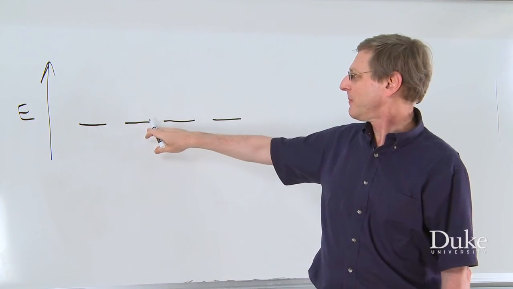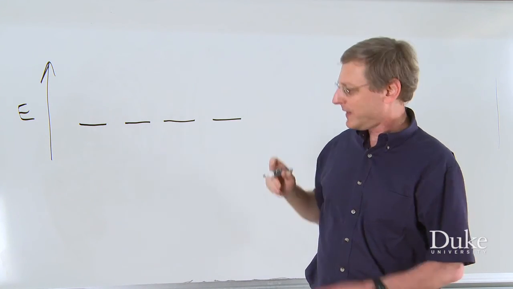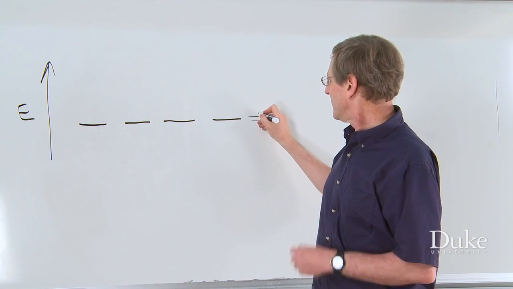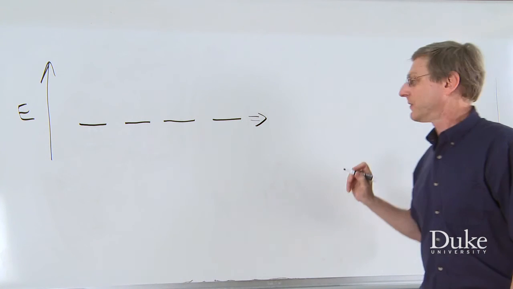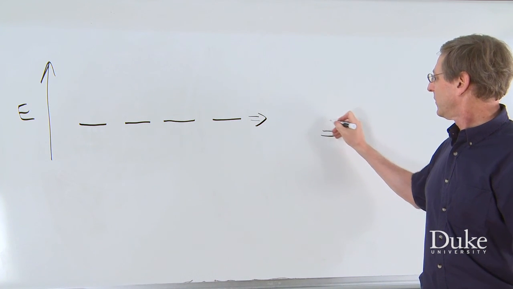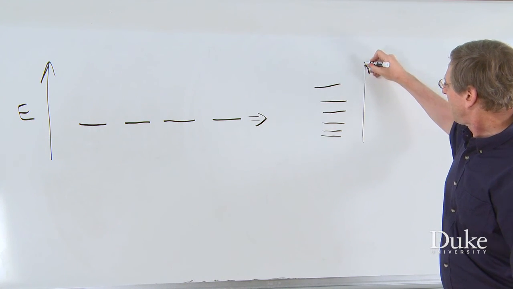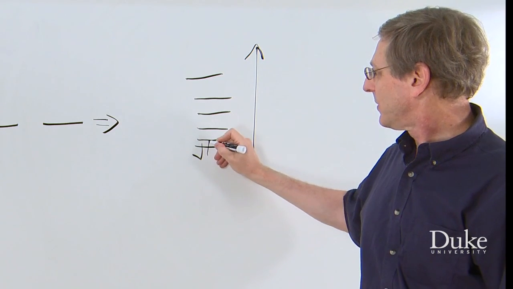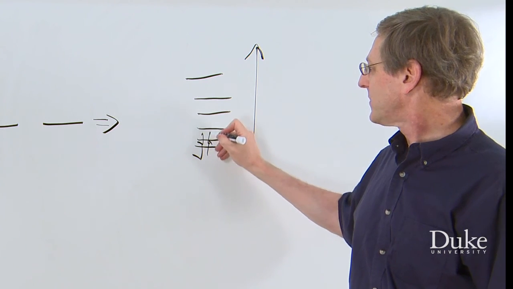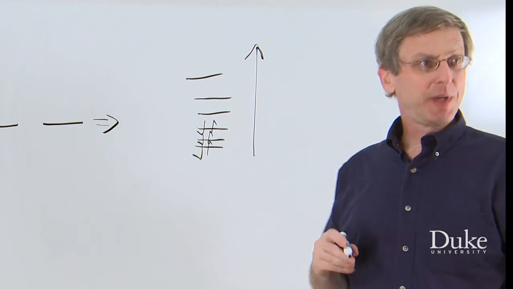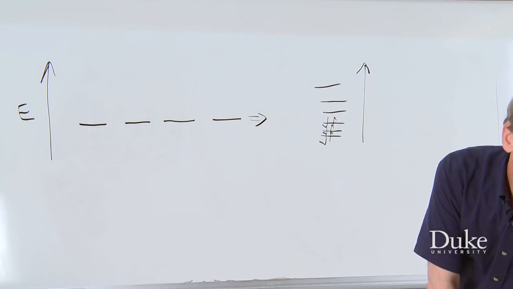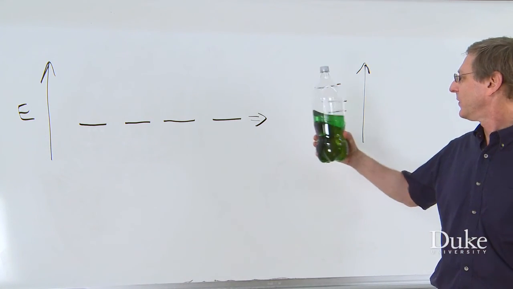If I let those atomic orbitals interact with one another, I'm going to give rise to a set of molecular orbitals. Those molecular orbitals will have a range of energies, and some of them will be occupied with electrons, and others will be empty. So this is the analogy of my bottle being half filled.